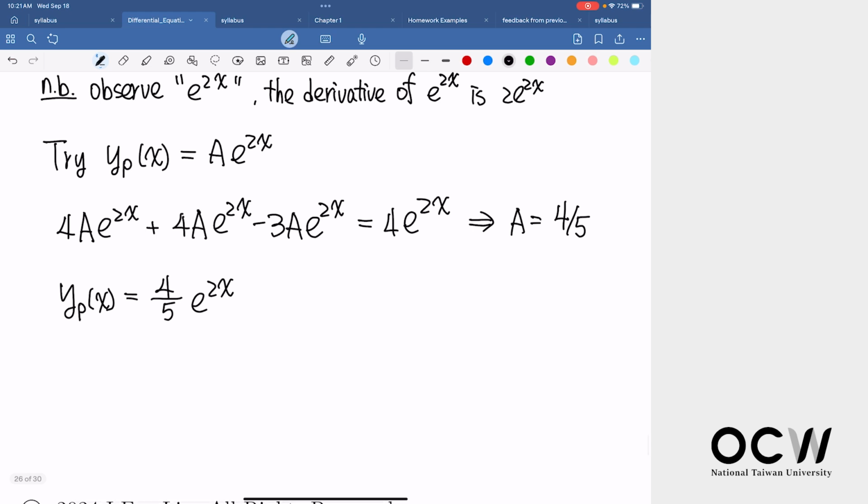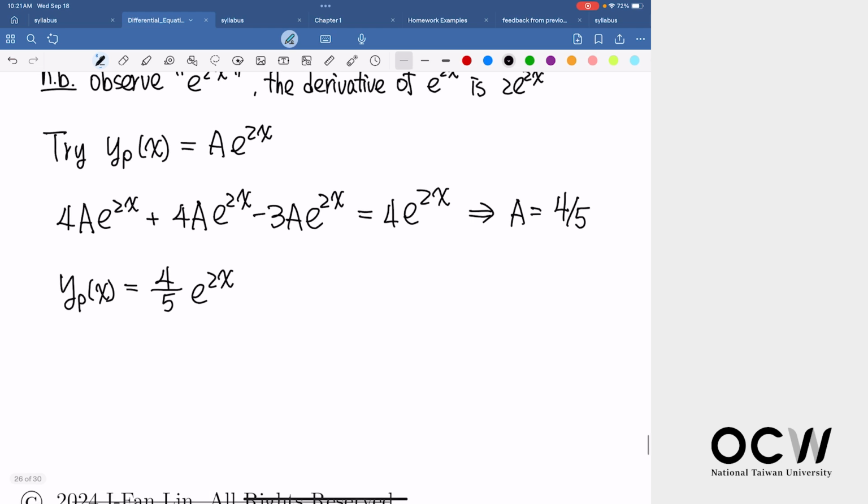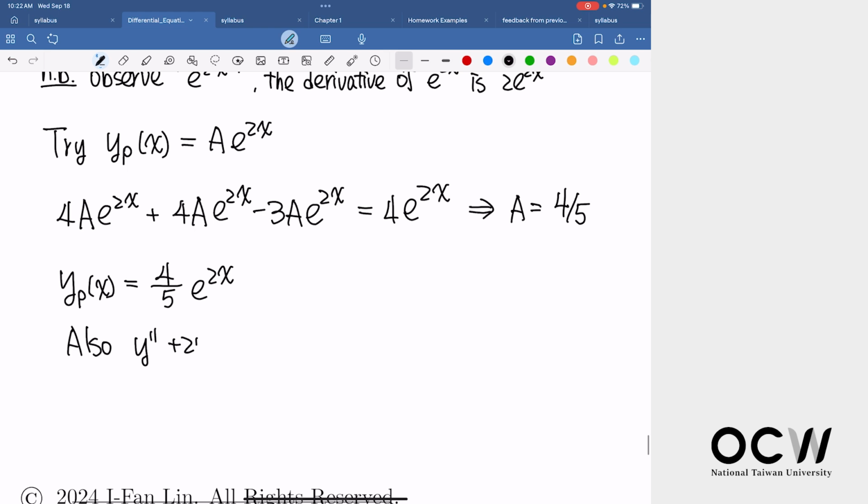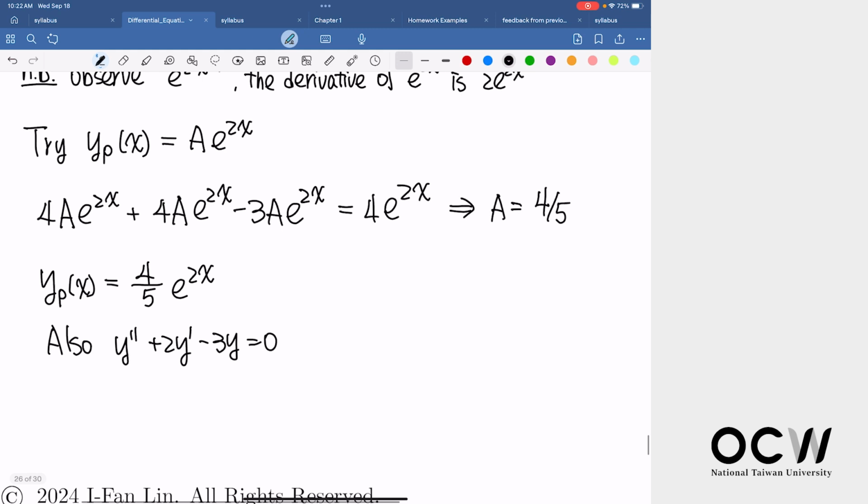We also need to find a homogeneous solution, which is given by the homogeneous equation. Set the forcing function to be 0.